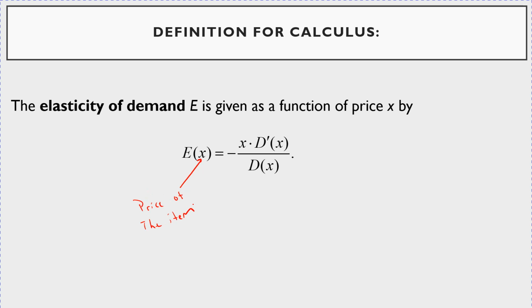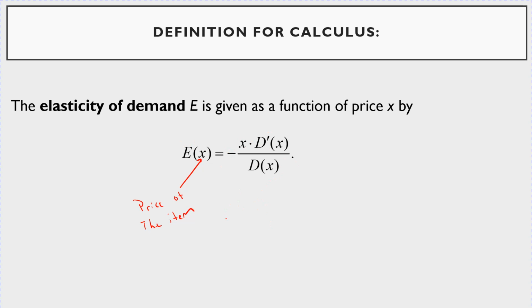Okay, so if you look back in the previous video lecture, we talked about the elasticity of demand of some good, some item that's being sold. This variable x is the price of that item, and it's given as: the elasticity of demand, E of x, is equal to negative x times d prime of x divided by d of x.